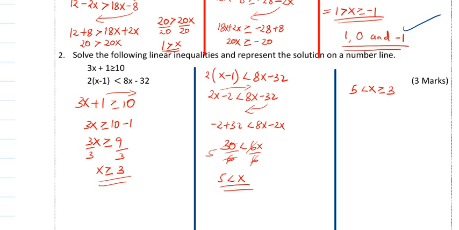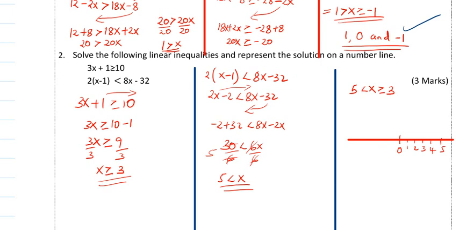Now, to represent your solution on a number line, we draw our number line using a straight line. We usually know that at the center of the number line we have number 0, which is the origin. So we have 1, 2, 3, 4, 5.